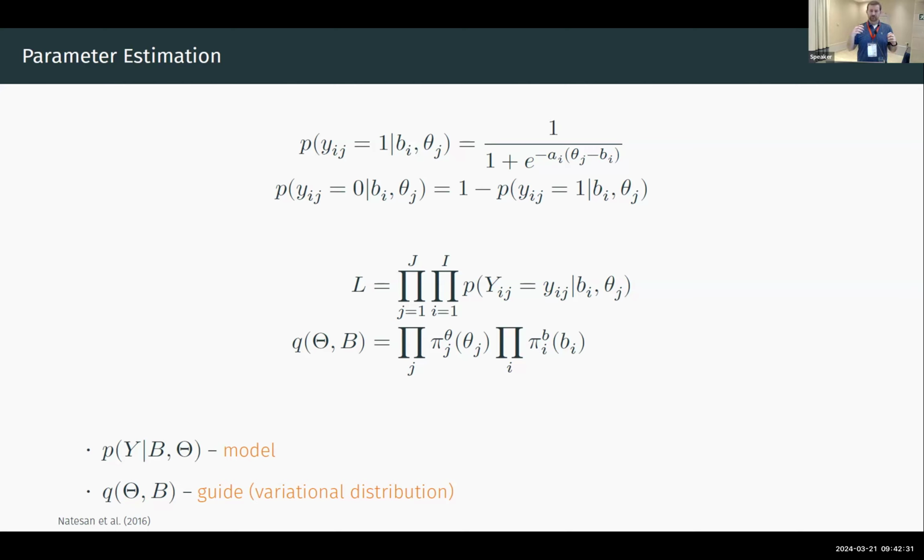And then we use variational inference model fitting methods to minimize the ELBO for the difference between the guide and the model. We use Pyro to do this under the hood for our PyIRT package, but there are a number of software packages that handle variational inference. The idea is you want to get your guide as close to your model as possible. Once that's done, then you have your learned item parameters, your learned subject parameters, and you can estimate the probability for any subject-item pair of that individual answering that item correctly.